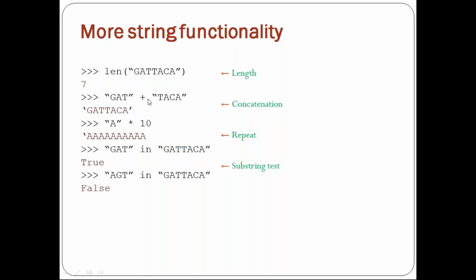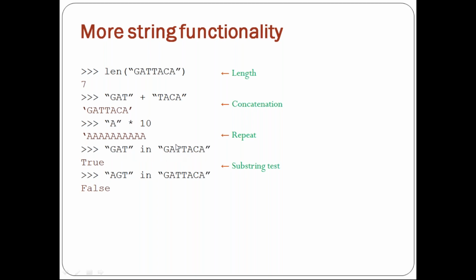And the plus operator does string concatenation, and the in operator checks for the availability of an item in the sequence. If it is there, it returns true, otherwise it returns false. In our example, GAT in GATTACA: it's a sequence, and in that I would like to check for GAT.